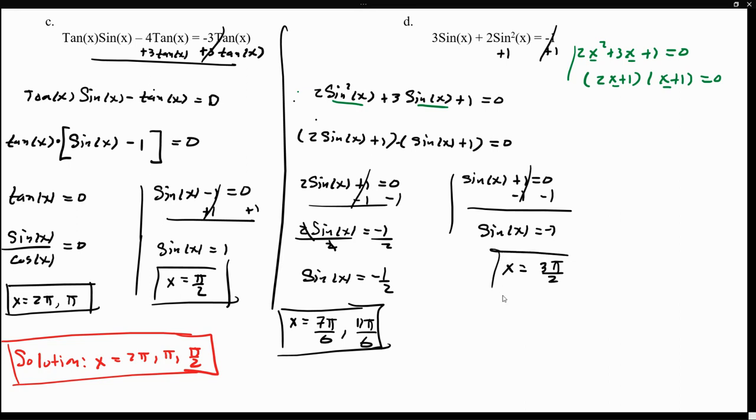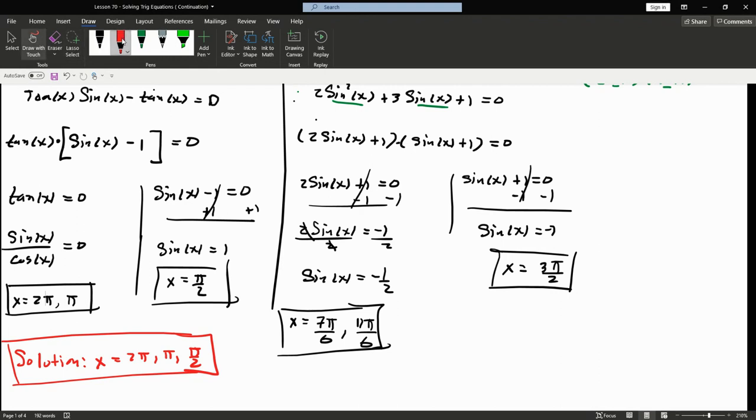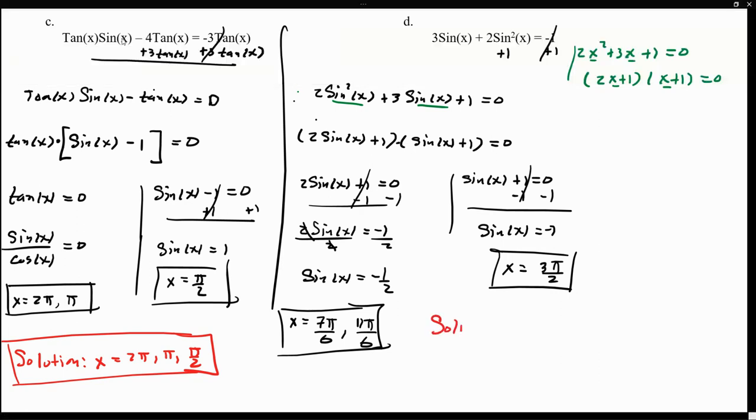So now, if we put them all together, then we can say that my solutions are equivalent to when x is 7 pi over 6, 11 pi over 6, and 3 pi over 2.